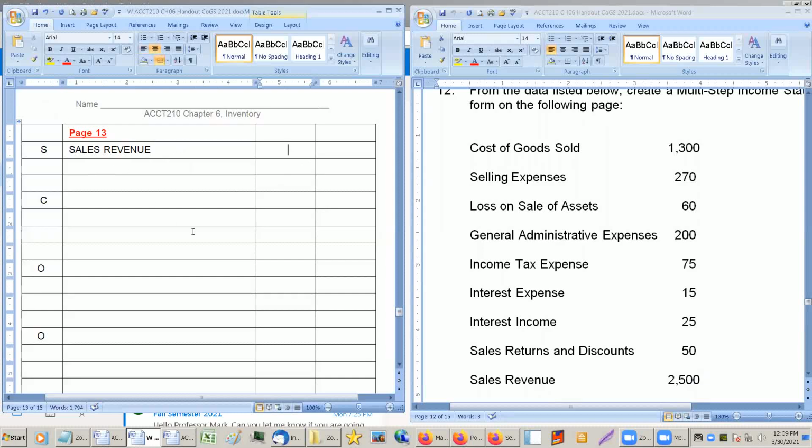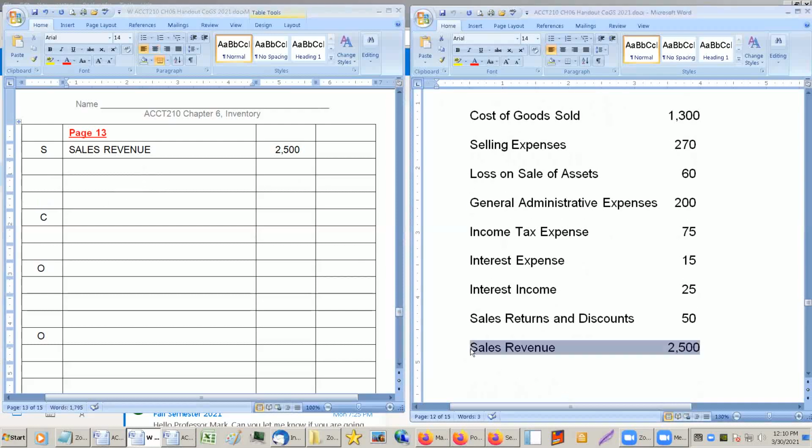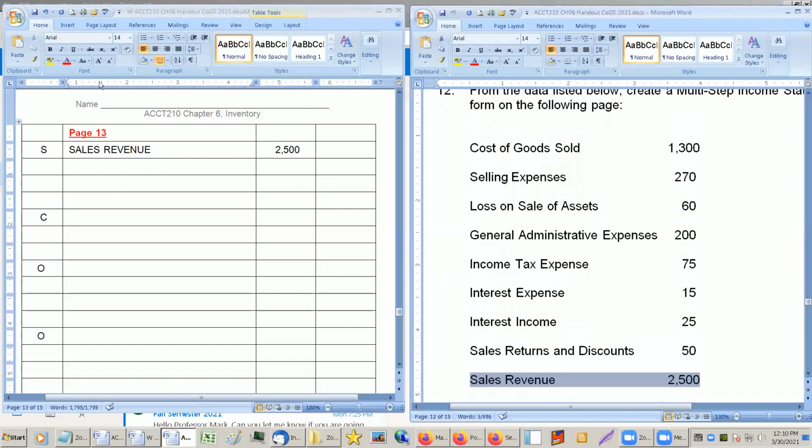It's just the way it works out. 2,500. I'm going to move this down. Okay, now here's our sales. So we just did that one. I'll mark these up. I have to remember to mark them up on the same one. So there's our sales revenue.